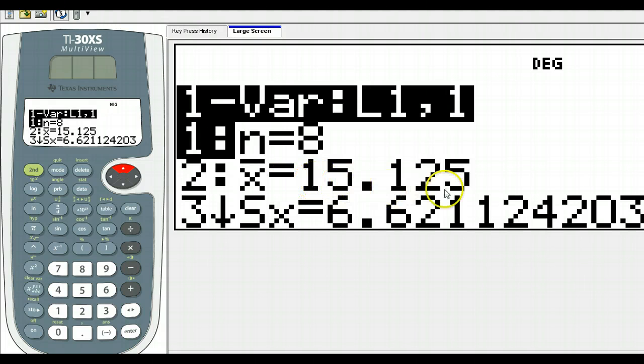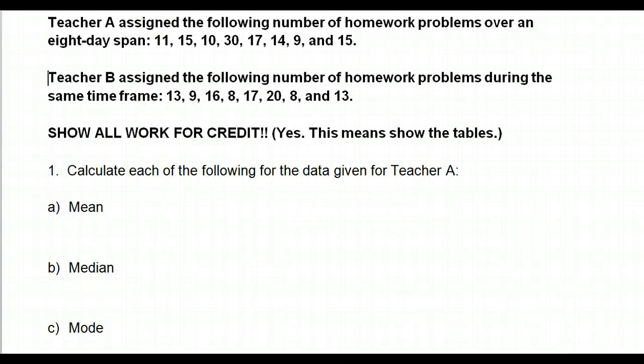So that is 15.125. Let's write that down. So the mean is 15.125. Now in general, you're going to round this to the nearest 10th or maybe the nearest 100th, 2 decimal places. But I'm just going to leave it like this for right now. More decimals is always better.